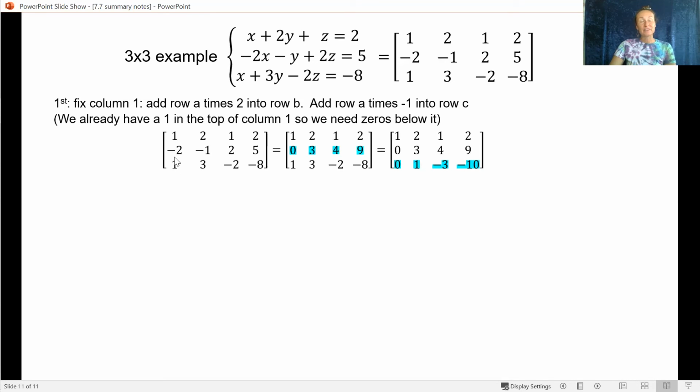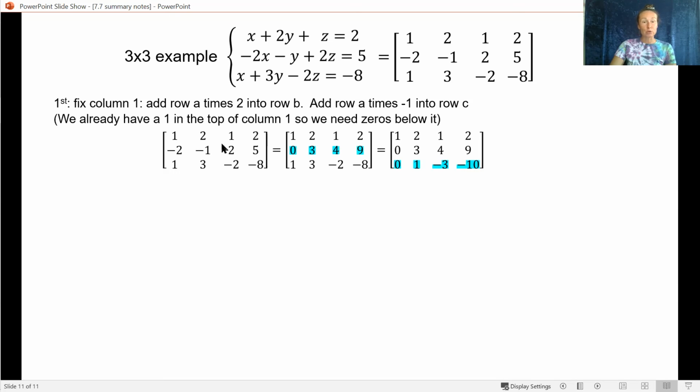In order to turn stuff into a 0, we need to add multiples of another row to that row. So if we want to turn this -2 into a 0, we're going to multiply row 1 by +2 and then add it to row 2.